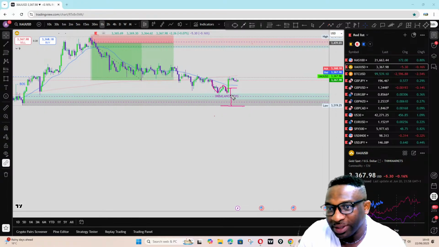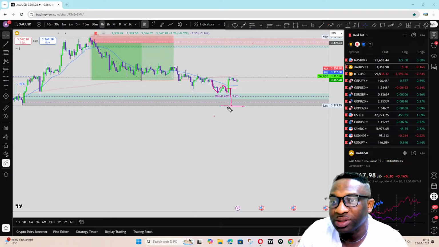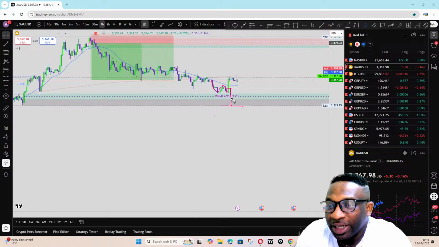If one lot is less than your maximum loss per trade, you can increase your lot size to fit within it.